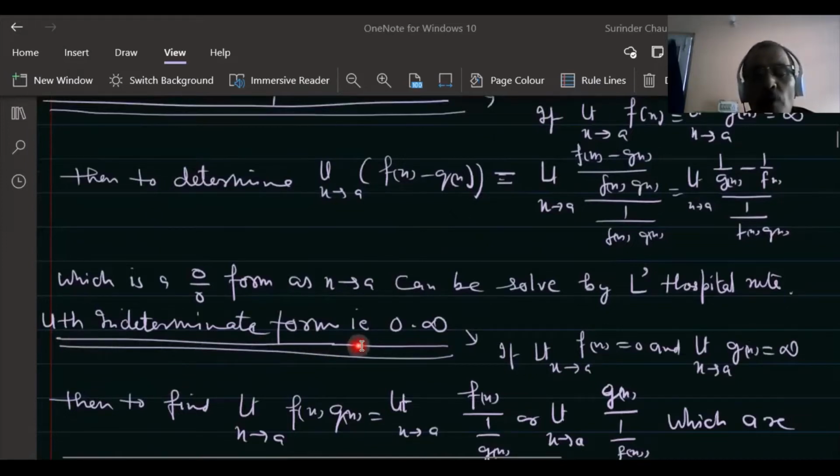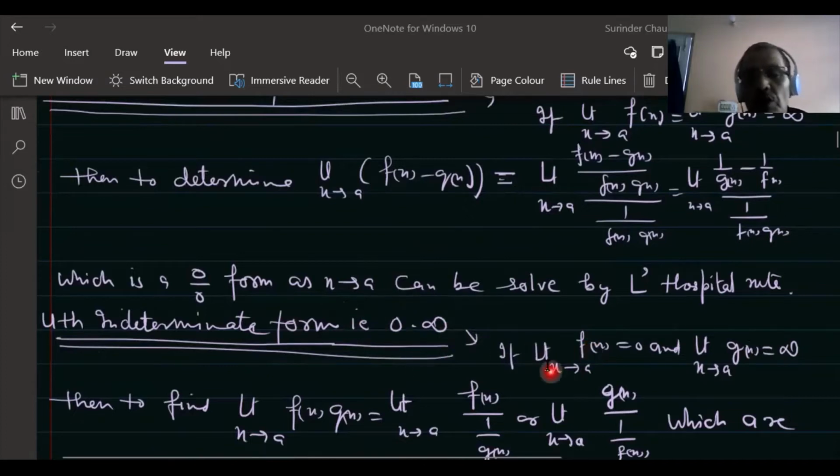Next, if the indeterminate form is of the type 0 times infinity, meaning we are given the limit of the product f(x) and g(x) as x goes to a, where one function tends to 0 and the other to infinity, this is again an indeterminate form.